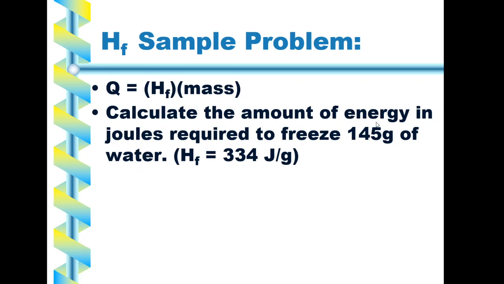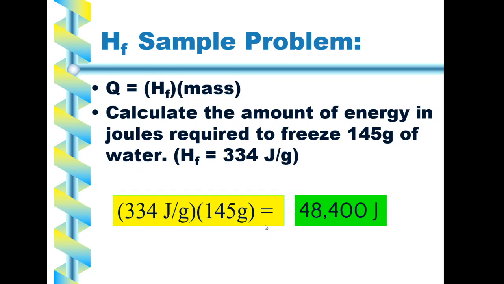The heat of fusion of water is 334 joules per gram. Well, if we look here, Q is going to equal the heat of fusion, which is this one right here, times our mass. So you'll just plug those in, and you'll multiply them to get 48,400. So go ahead, check my math, make sure I'm right. If I'm not, let me know, okay?